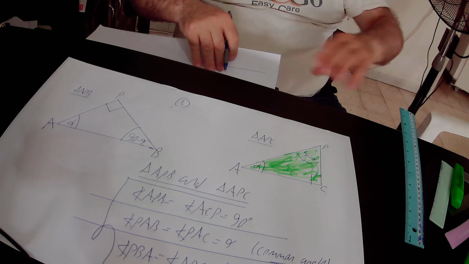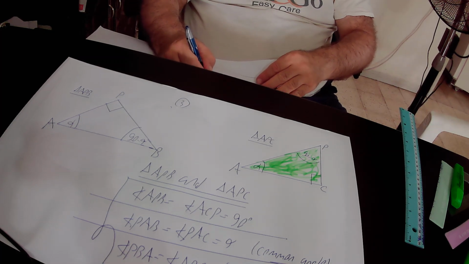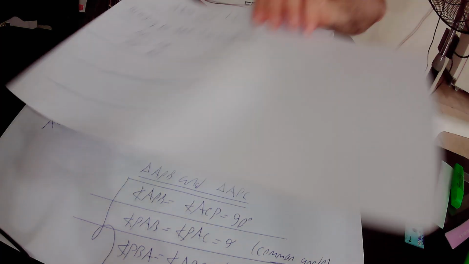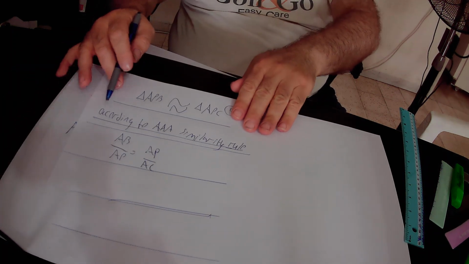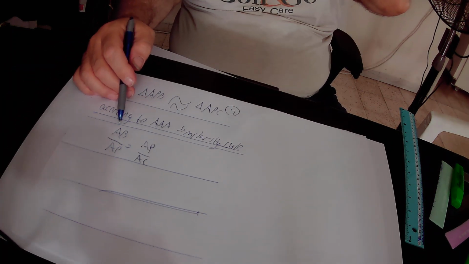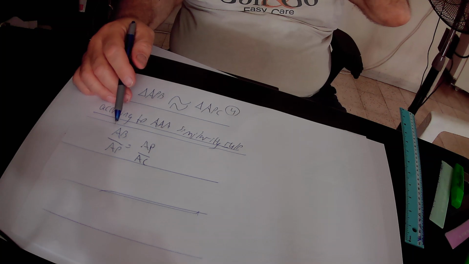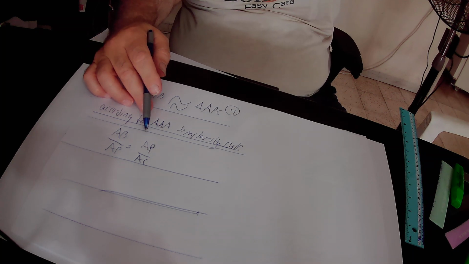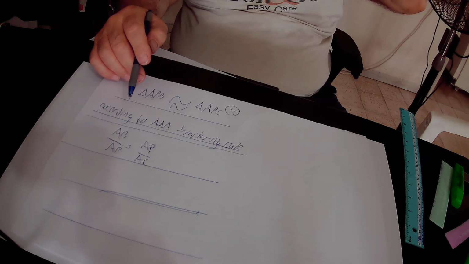Repeat again. We derive that side AB in the right triangle over side AP in the green triangle equals side AP in the right triangle over side AC in the green triangle.